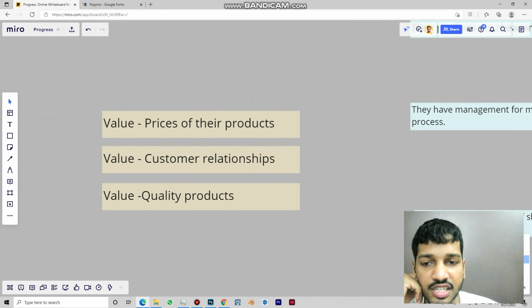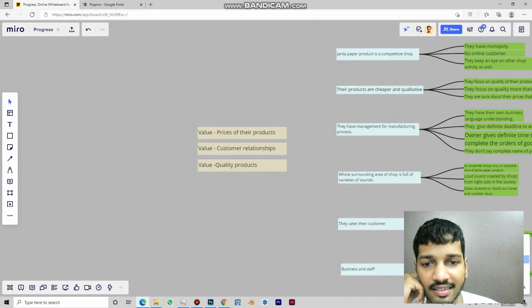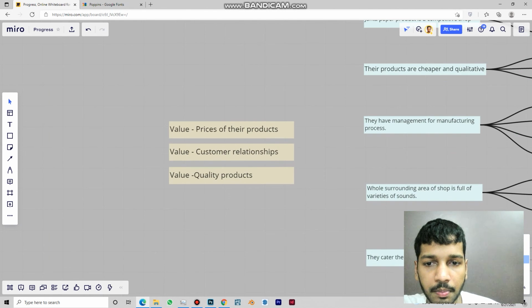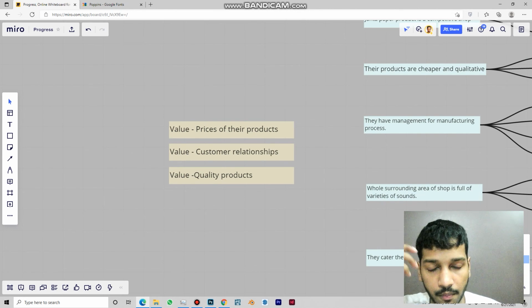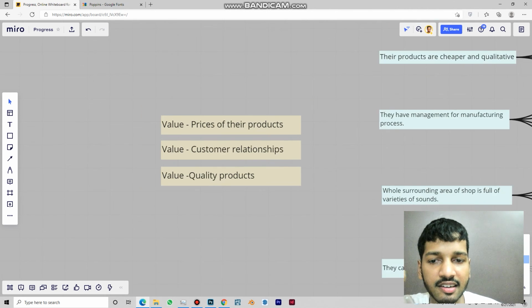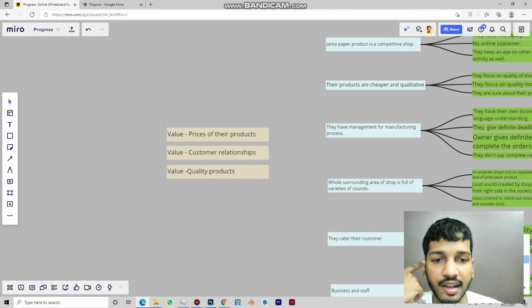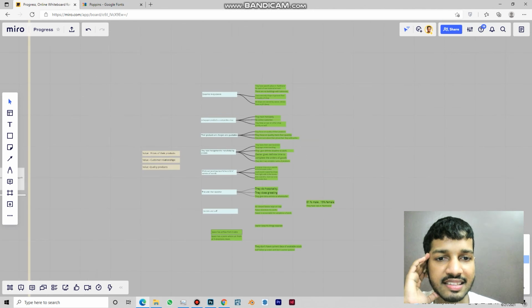These were taken from the conversations between customers and the owner, like the prices of the product. There were many customers in the survey as well. Then the owner spoke of it as well. Then for customer relationships, the value was like they ask for water and tell them to sit, and then from the observations part.